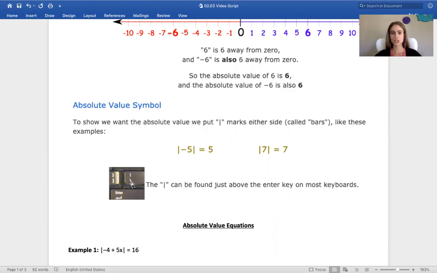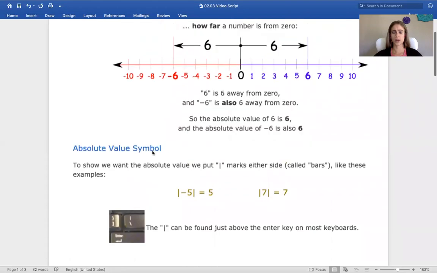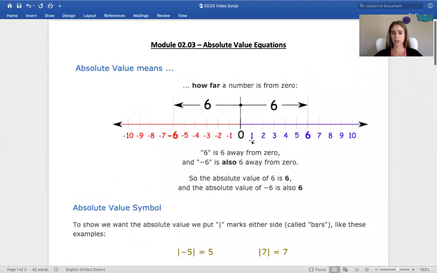Okay. So, one more thing before we get into our equations. With absolute value equations, there are always two possible answers, because if we come back up and look at this number line, the absolute value of +6 is equal to 6 units away, but the absolute value of -6 is also 6 units away.